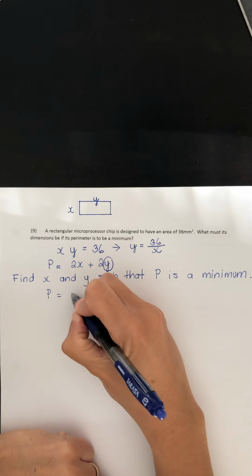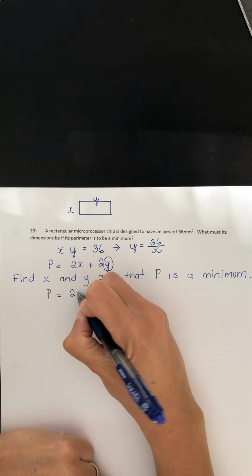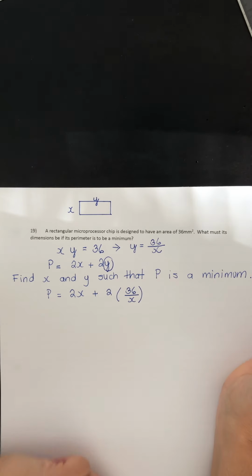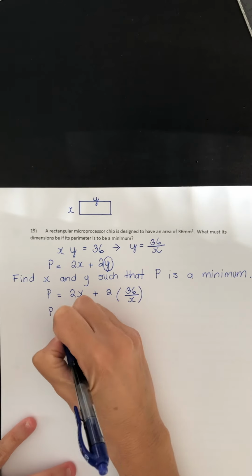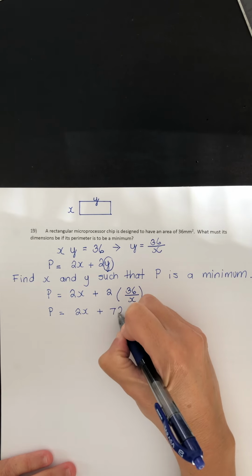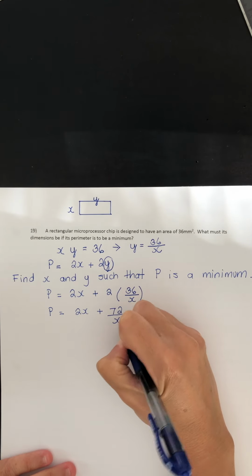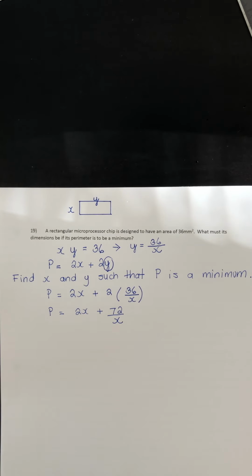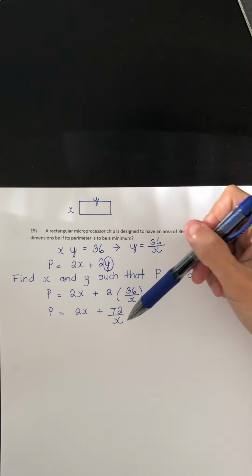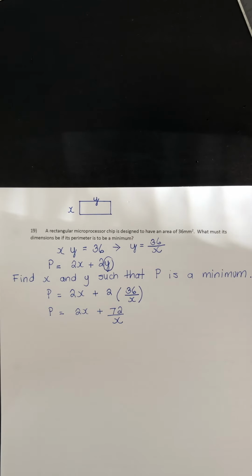So now it will look like this: 2X plus 2 times 36 over X, or 2X plus 72 over X. And that's much better because now we have a perimeter equation with only one variable.